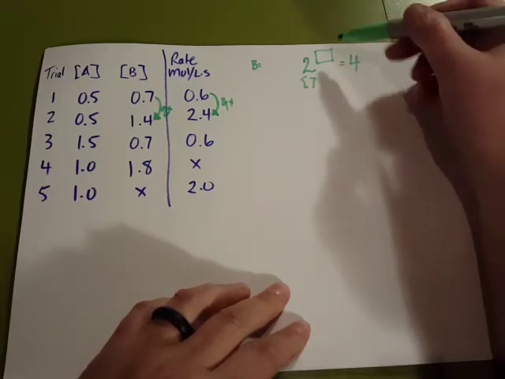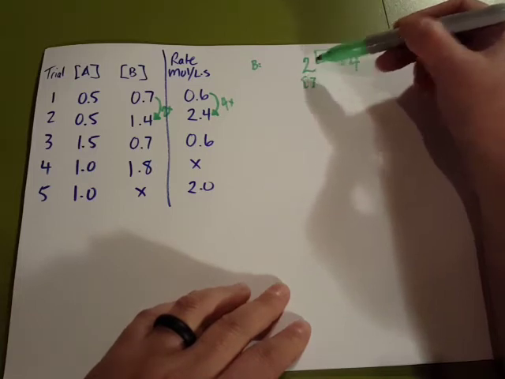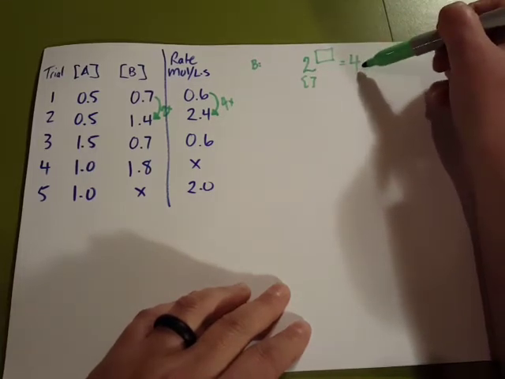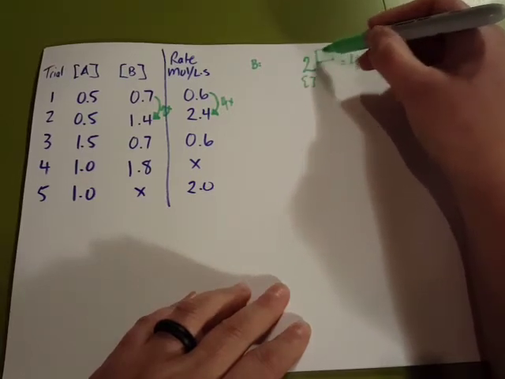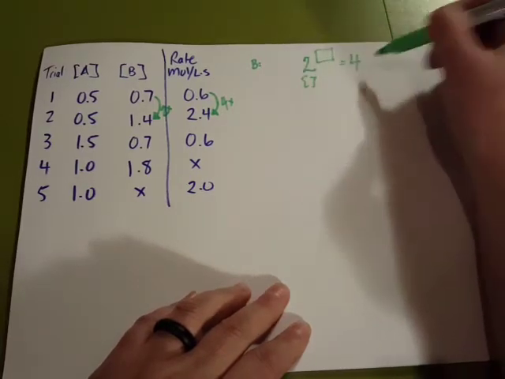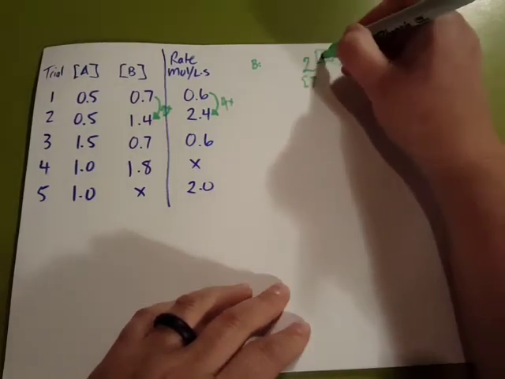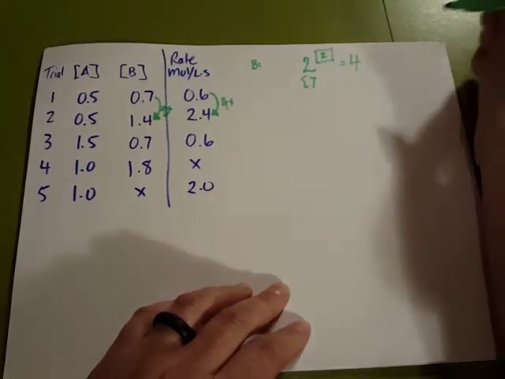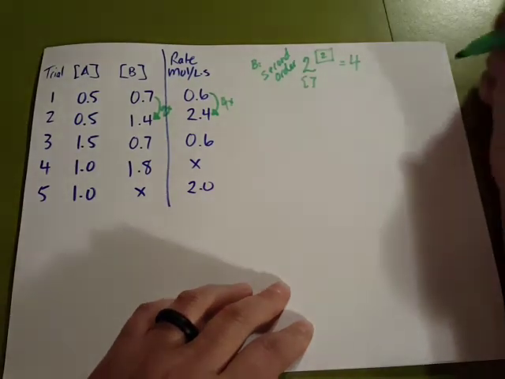And so we would ask ourselves, if you doubled the concentration and you saw the rate quadruple, what must the effect be? Is it a 0? 2 to the power of 0 makes 1. 2 to the power of 1 makes 2. 2 to the power of 2 makes 4. So B must be a second order reactant.